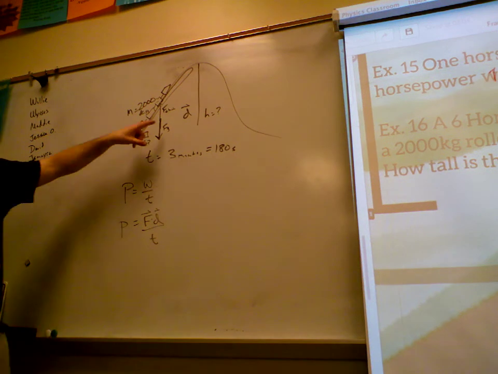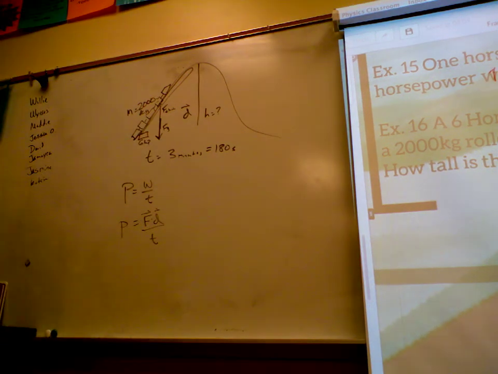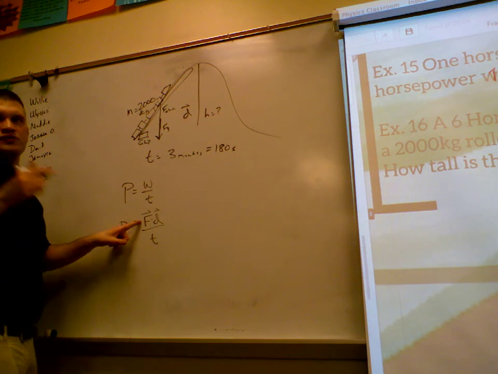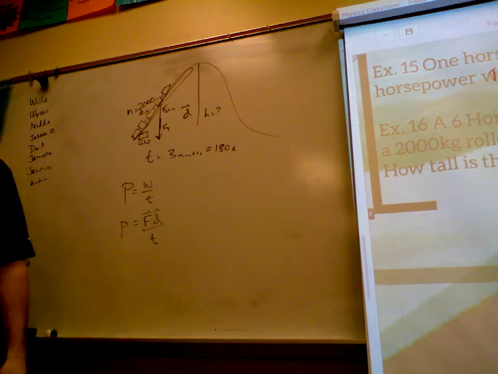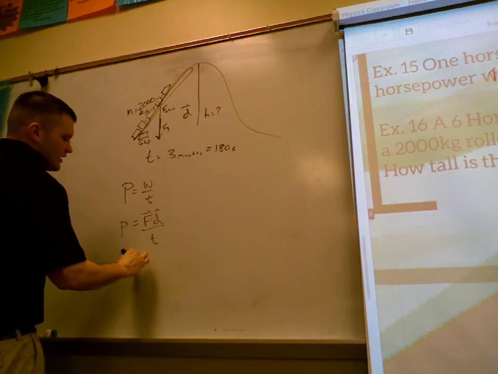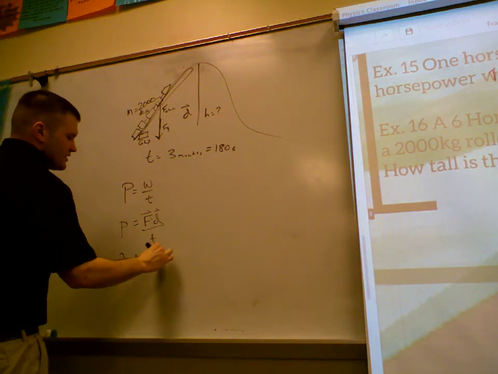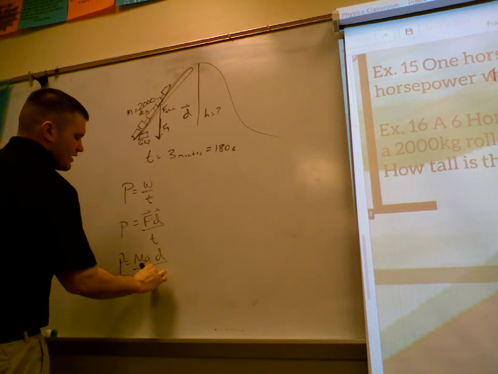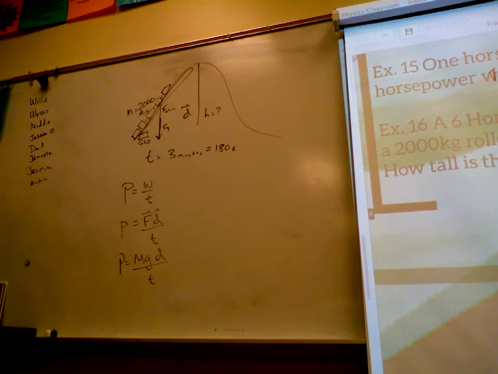What's the relationship between the force of the chain and the force of gravity? They're equal. So that means this force is really mass times gravity. Mass times 9.8, right? So power equals mass times 9.8 times displacement over time. So what's the last thing we have to do before we can start plugging things in?